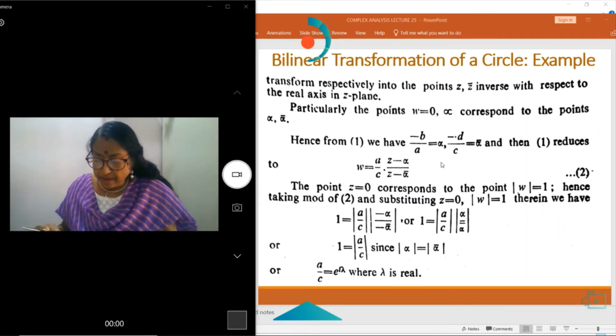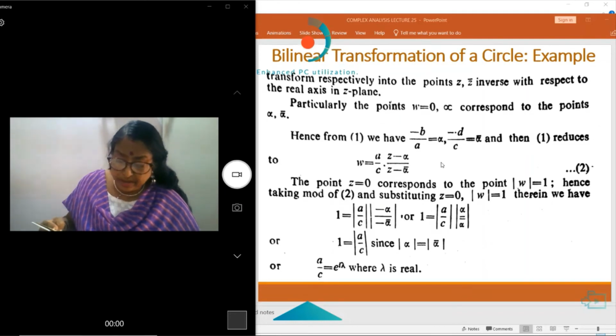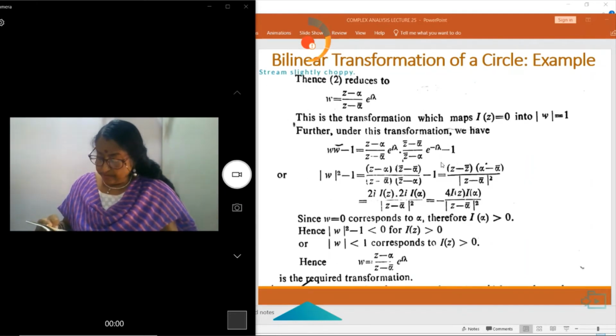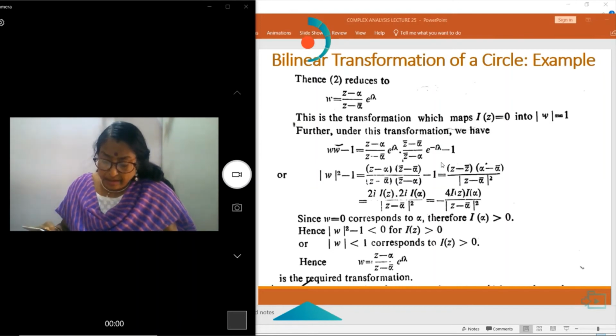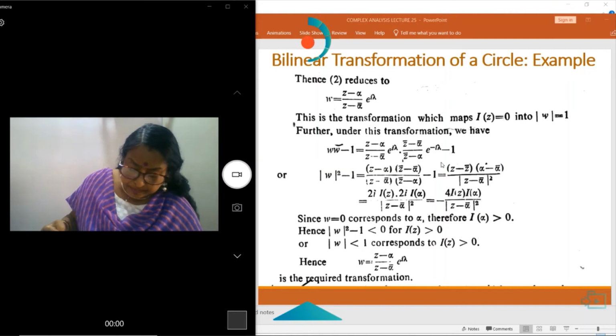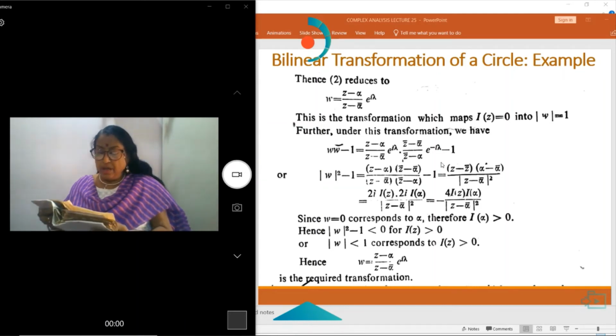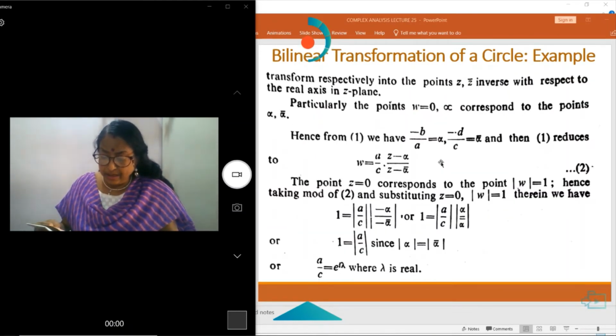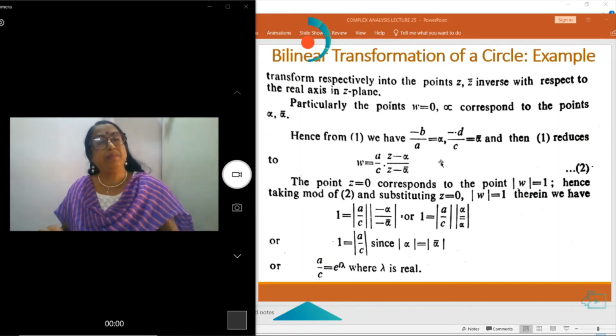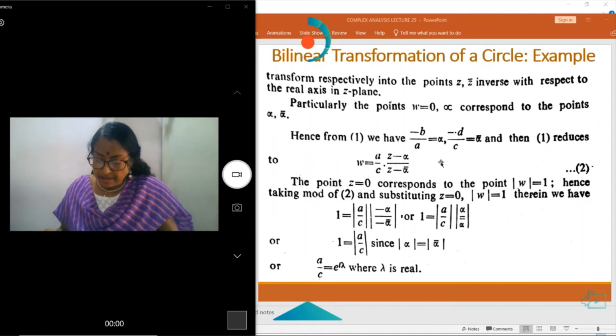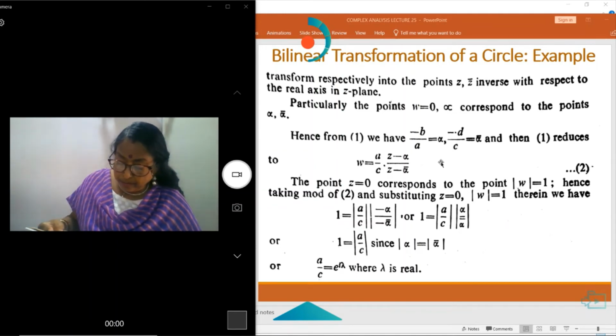Now at the point Z equal to 0, we get mod W equal to 1, that is, mod of A by C times mod of minus alpha over minus alpha bar, which after calculation gives 1 equal to mod of A by C times mod alpha divided by mod alpha bar. Since mod alpha is equal to mod alpha bar, mod of A by C is 1, so A by C can be written as e to the power I lambda, of the form cos theta plus I sin theta, where lambda is real.